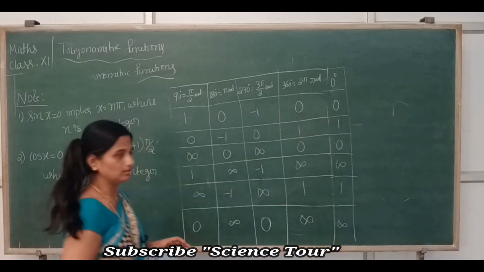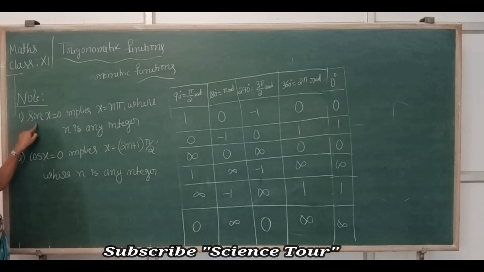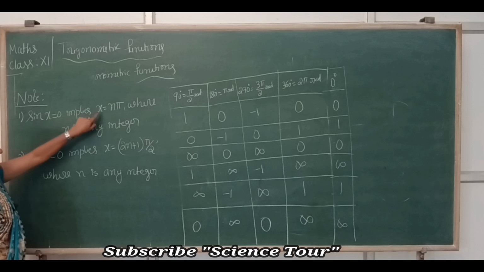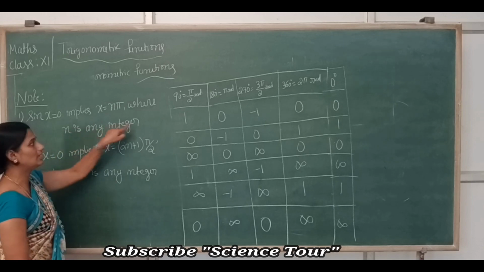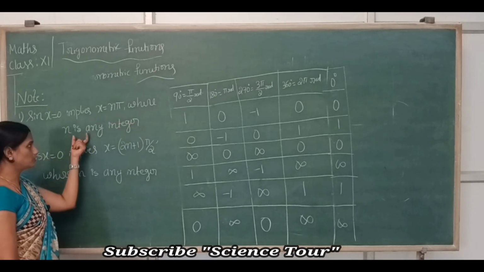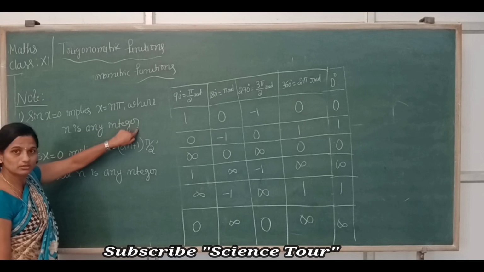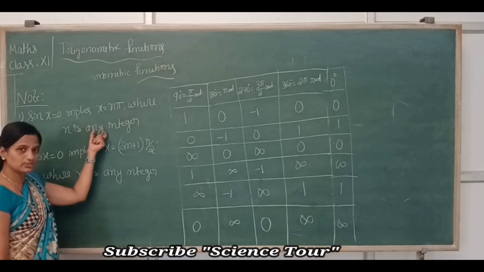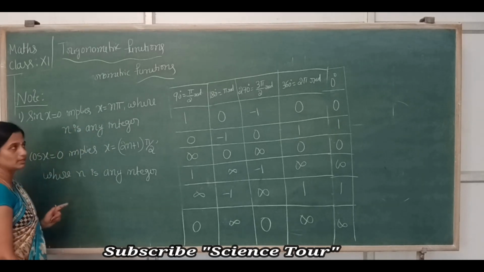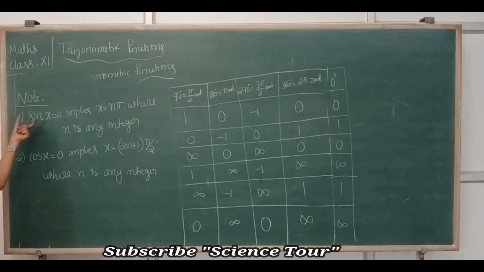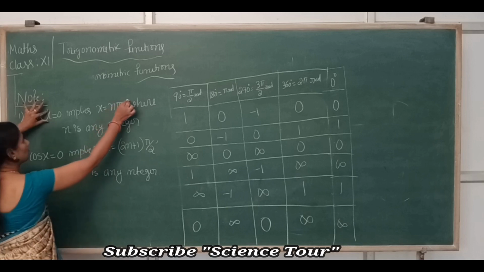Now the next point is, remember this: sin x is equal to 0 implies x is equal to n pi, where n is any integer. Maybe positive, maybe negative. Integer, you know, right? The set of positive values, negative values and 0. That is integer. So sin x is equal to 0 when x is n pi.